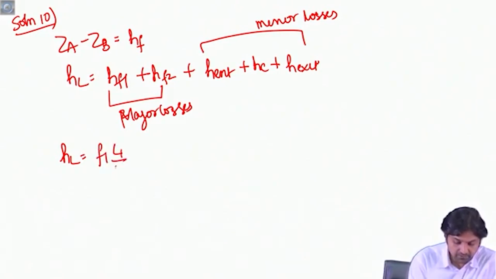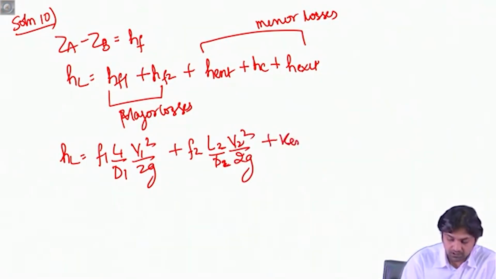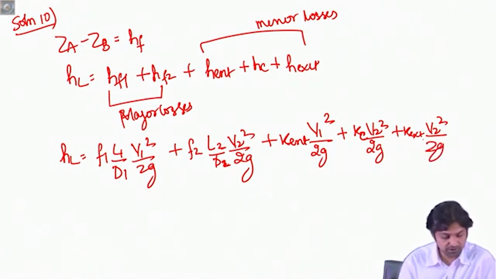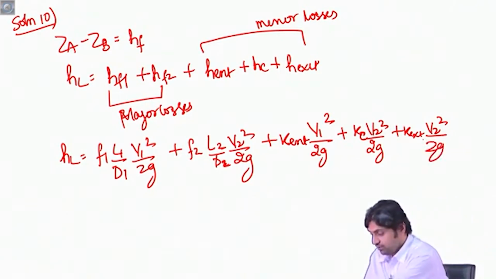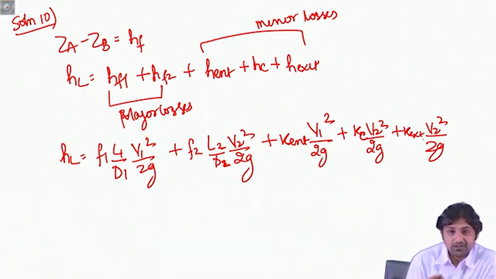F1 L1 by D1 into V1 square by 2g plus F2 L2 by D2 into V2 square by 2g plus K entrance V1 square by 2g plus Kc into V2 square by 2g plus K exit into V2 square by 2g. This is an important formula. Now we need to find out the flow properties in pipe 1 and 2.